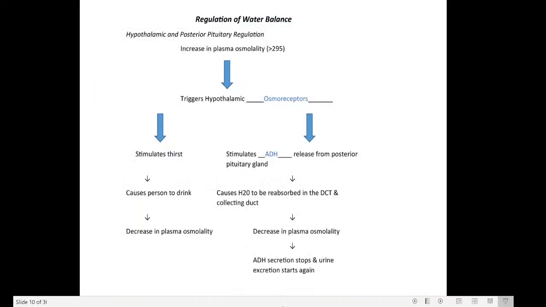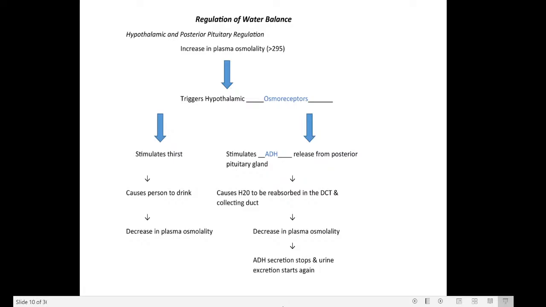Here are very important concepts, so I have included many representative slides. The hypothalamus and posterior pituitary regulate the plasma osmolarity. That process triggers the hypothalamic osmoreceptors.